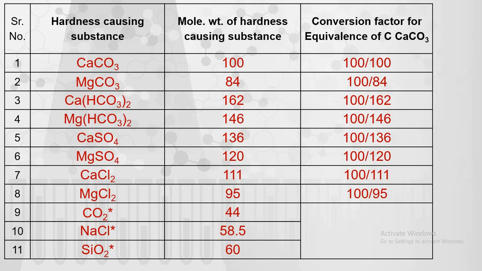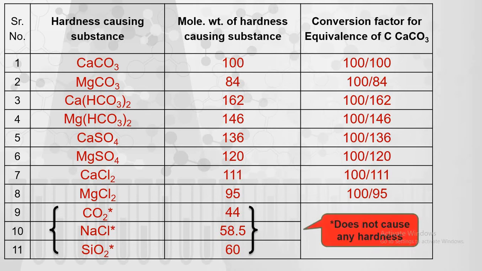Before that, at the last, in the 9th, 10th and 11th substances, that is carbon dioxide, sodium chloride and silicon dioxide, SiO2, these have some molecular weight, but their conversion factor is not given, because these three substances do not cause any type of hardness in the water.